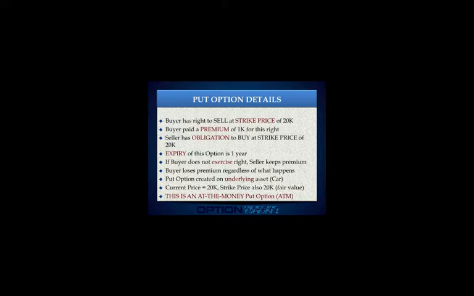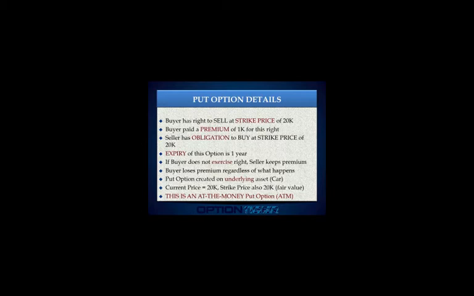If the car is totaled, its value goes down to zero, but because you've bought a put option, the insurance company will reimburse you the $20,000. So this is exactly like you having a put option and you had the right to sell that asset at $20,000 even though the price of that asset went down to zero.